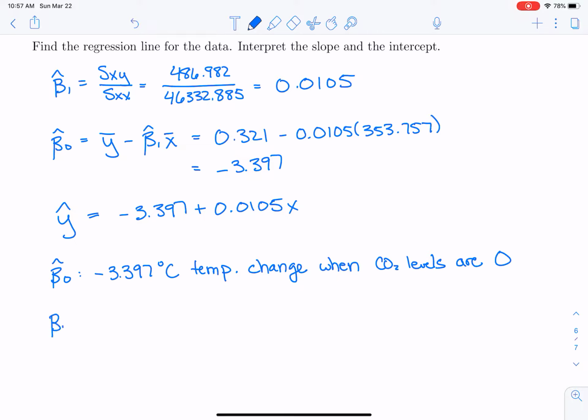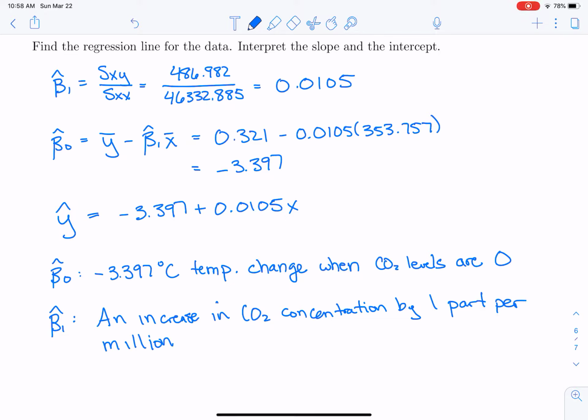And then for beta 1 hat, we can interpret it as saying an increase in CO2 concentration by 1 part per million will increase global temperature by, let's look at the slope, 0.01 degrees Celsius on average.